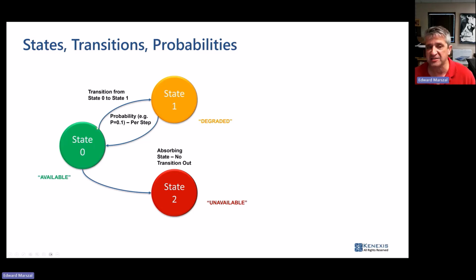So that would be a safe failure. So if I'm in the operational state and a safe failure occurs, meaning that the system de-energizes, I'm going to transition from state 0 to state 1. And state 1 is a failed safe state.